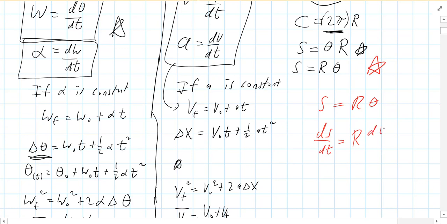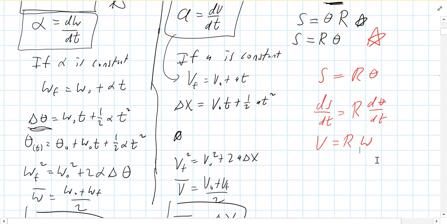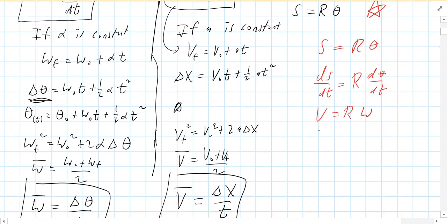And over here you get d theta dt. What does that mean? Well, ds dt, that's velocity. It's the same thing as dx dt. So that's velocity equals r, and what's d theta dt? Well, that's omega. And if you take the derivative again, the derivative of velocity is acceleration, and the derivative of omega is alpha.